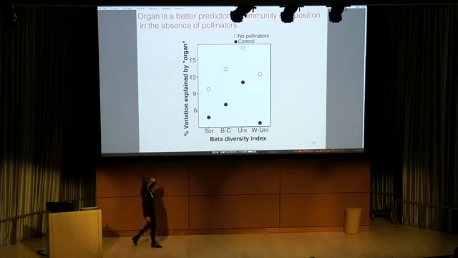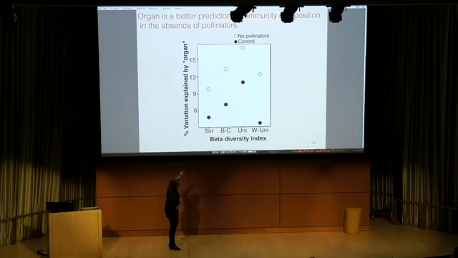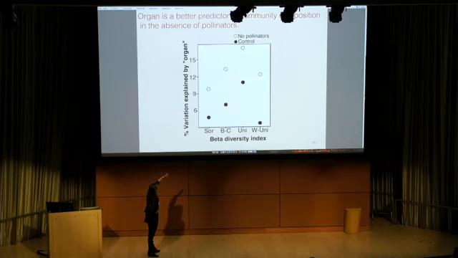So on the x-axis are different beta diversity indices. So this just happens across all the indices we use. And then we did our analysis, this time separating the no pollinators and our control treatment. And we see the percentage variation explained by organ.